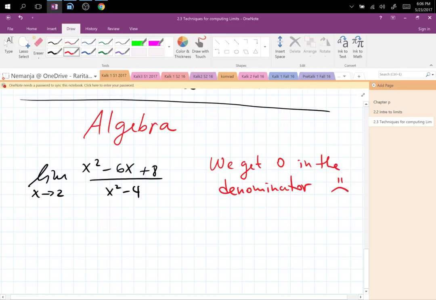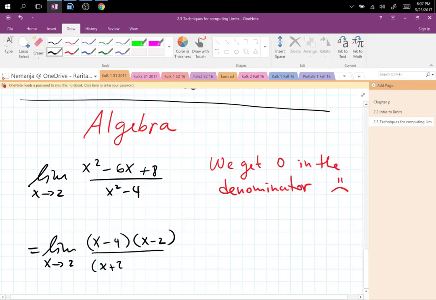That means we have to figure out how to rewrite it. So in this case, we can factor: x minus 4, x minus 2, and x plus 2, x minus 2 in the denominator, and then you see that these two drop.